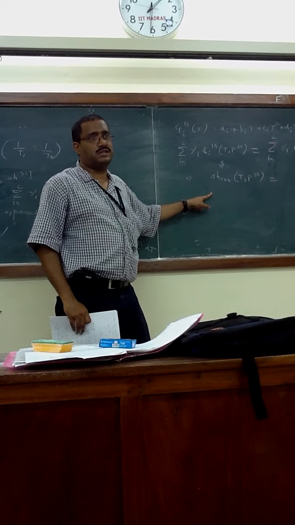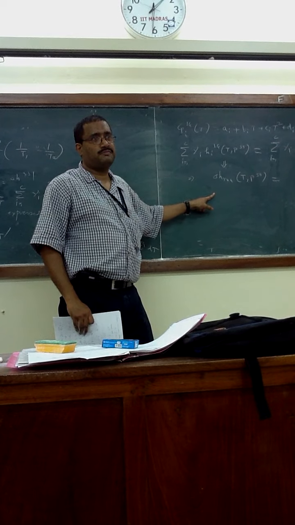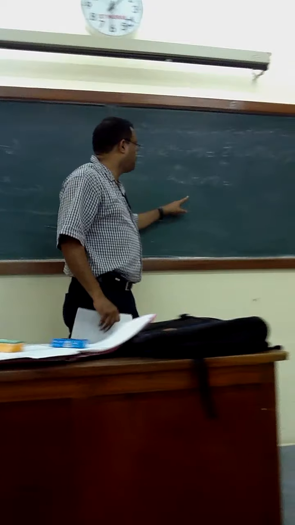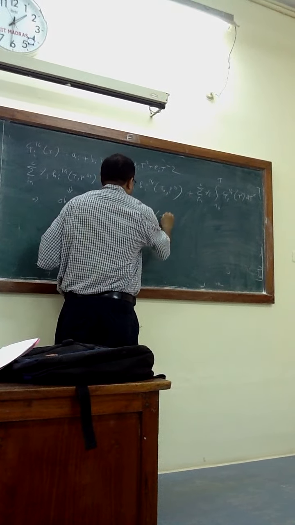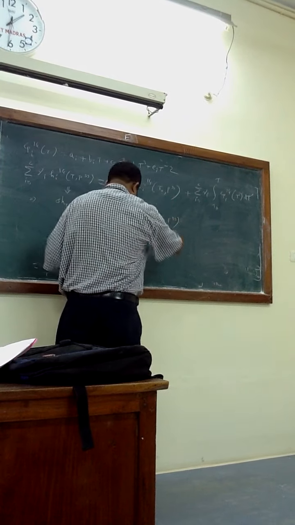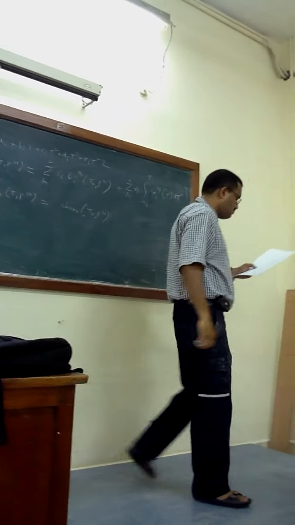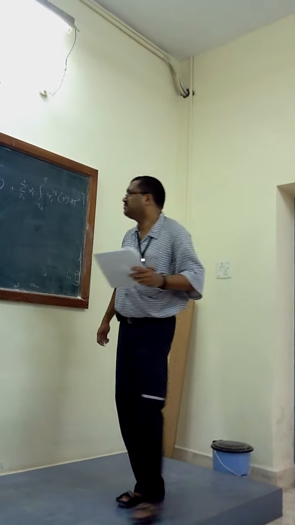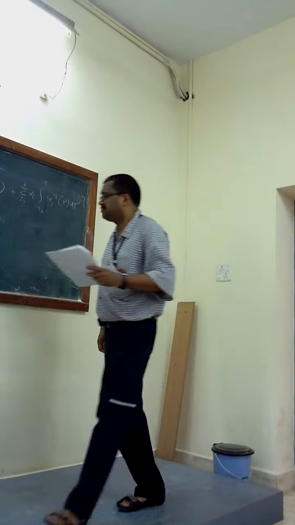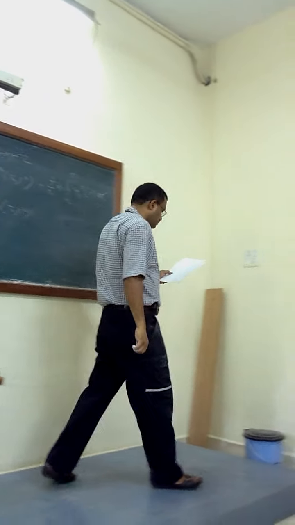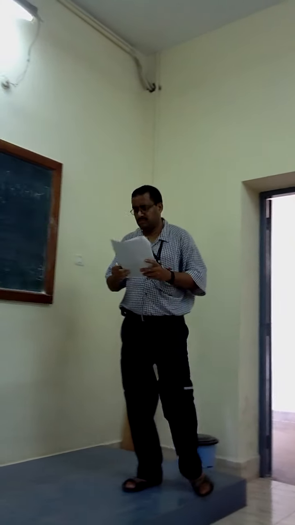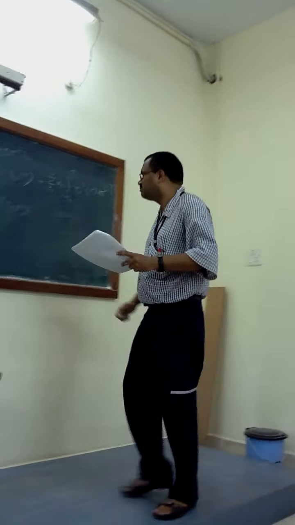This will give delta H reaction at T0, standard state. This is actually IG, or you can say SS1, no problem. If you want, you can put IG or you can put SS1.